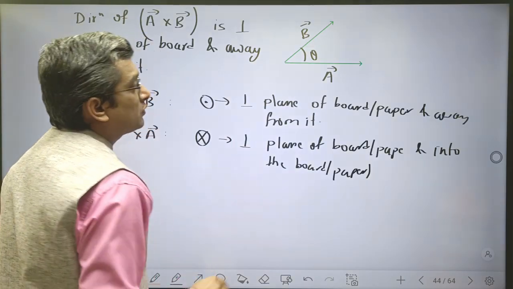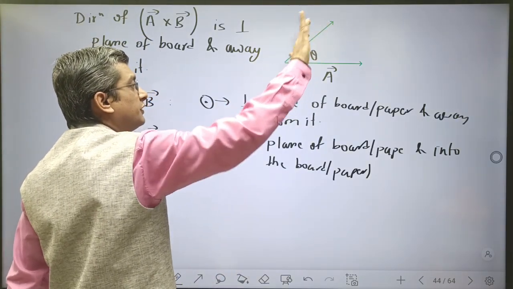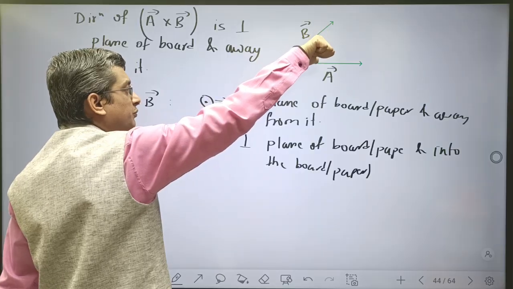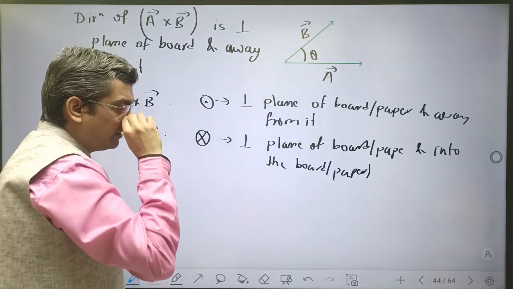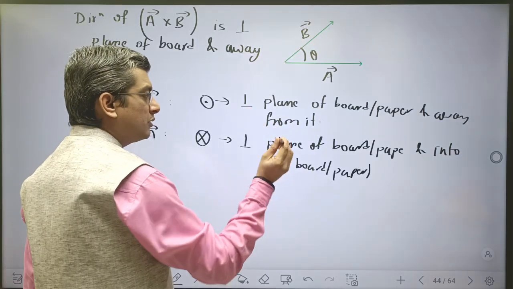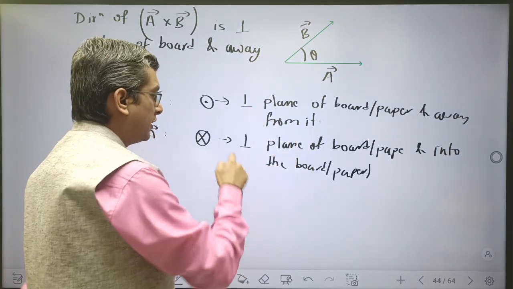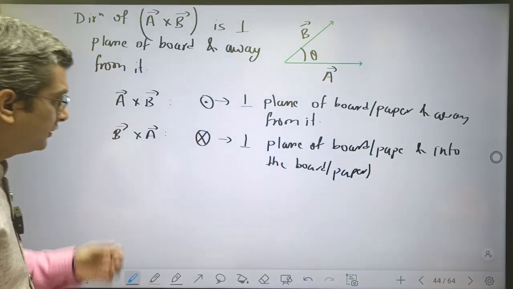When you find B cross A, we take the fingers along B, then curl them towards A, then the stretched thumb will give the direction of B cross A, so that is into the board. So it is like the arrow is going away from you and into the plane of this board. So you are observing the feathered end of the arrow. That's why this sign is here, isn't it?